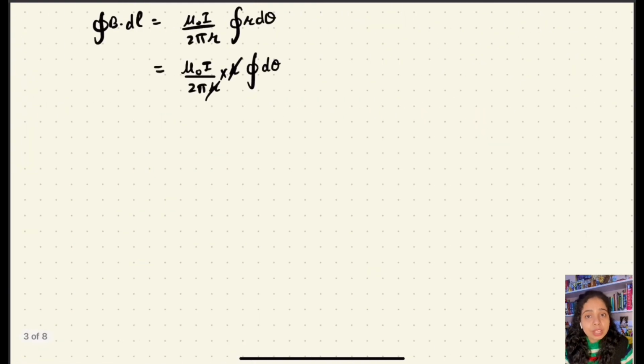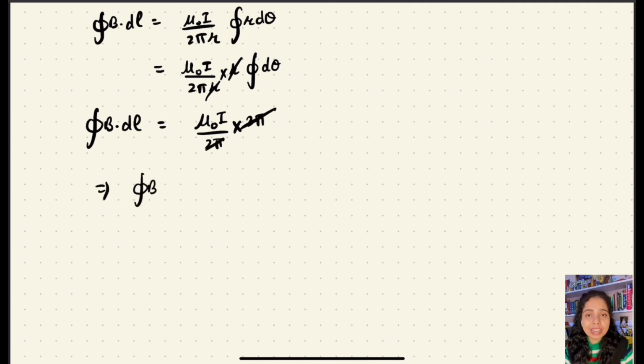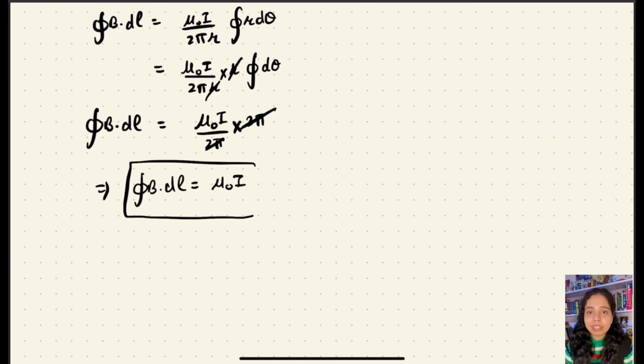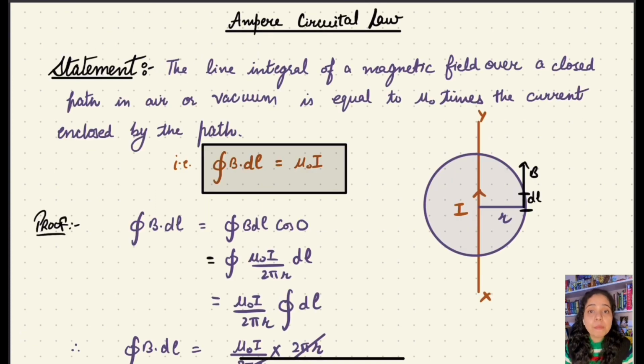So we have mu naught I upon 2 pi multiplied by 2 pi, because we have already cancelled r. Cancelling out 2 pi and 2 pi, we are left with closed integral B dot dl equal to once again mu naught I. So once again, closed integral B dot dl is equal to mu naught I, which indicates that it only depends upon the amount of current enclosed by that path.